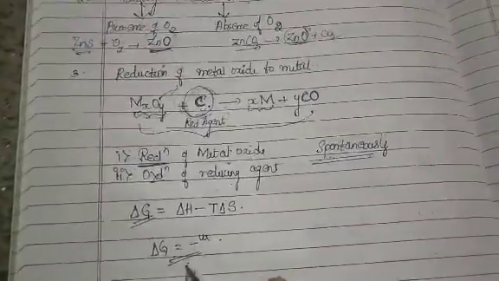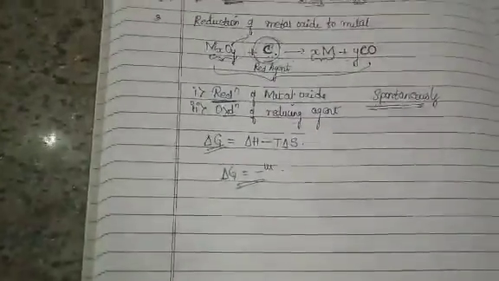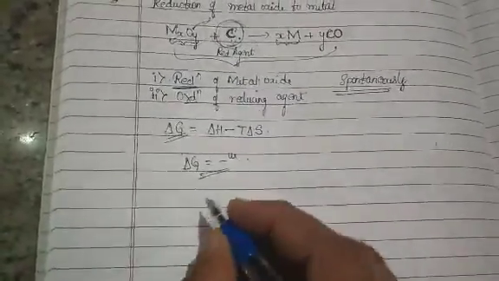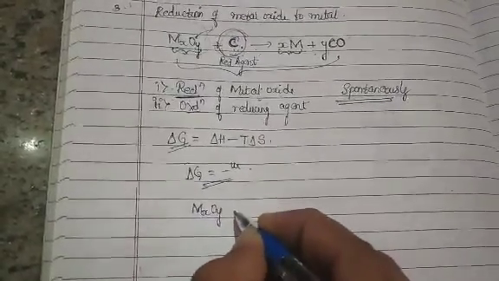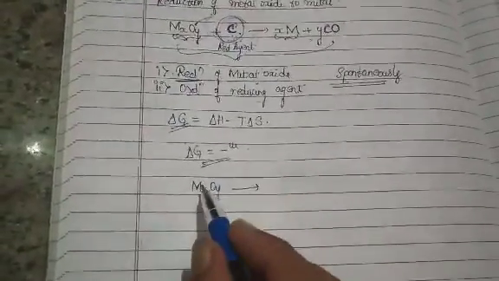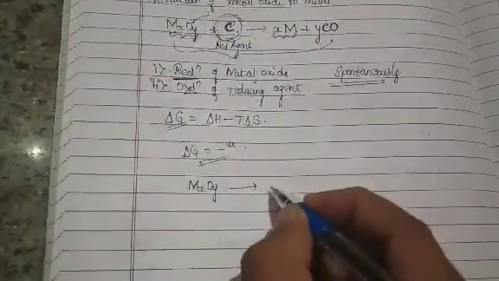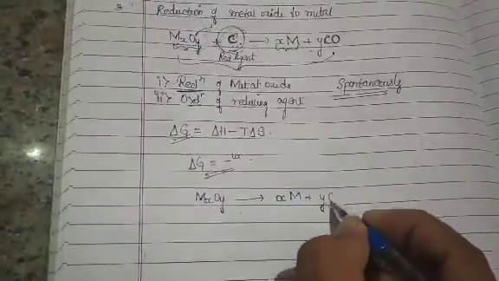So for example, if I am going to split this reaction, my first reaction, if I take it as MxOy, involves the reduction of this metal oxide. That is, I should get xM plus yO.